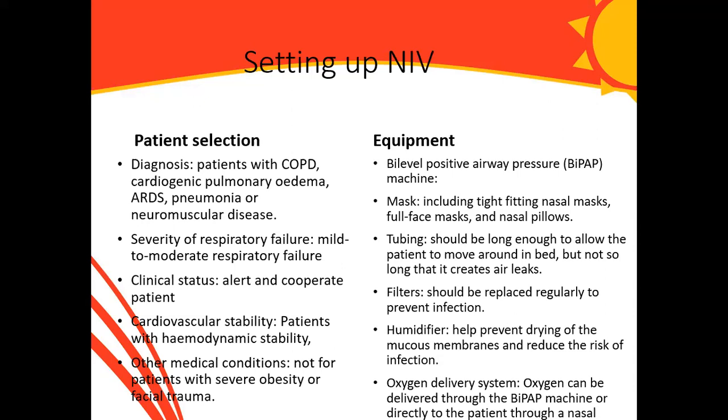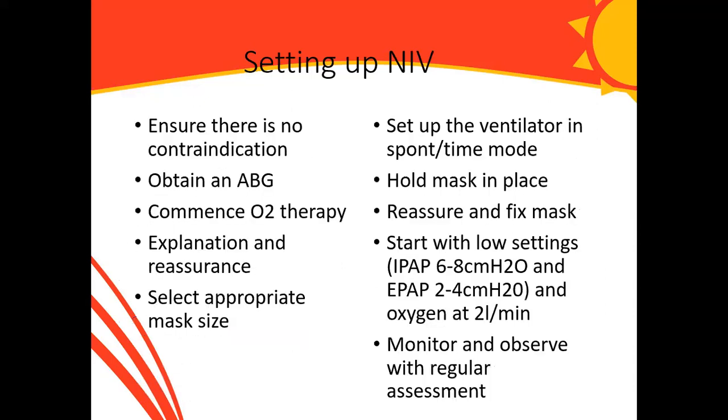You also have a humidifier as part of your equipment. This helps to humidify the inspired air, prevent drying of the mucous membrane, and reduce the risk of infection. Also, your delivery system can be the BiPAP machine, or you can give it to the patient directly through the nasal route.